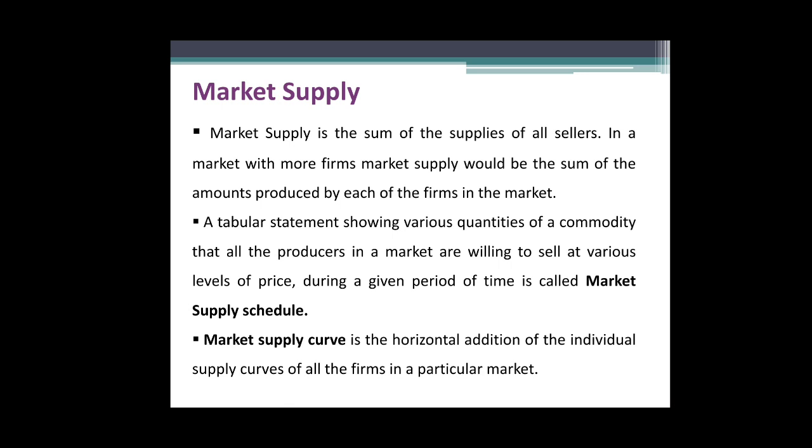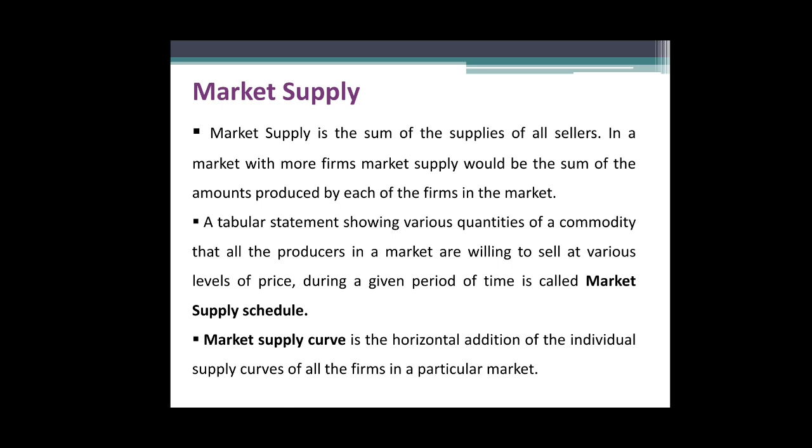For example, if there are three sellers of commodity X in a market, that is seller A, seller B, and seller C, and at a certain price, seller A is selling 10 units of commodity X, seller B is selling 20 units, and seller C is selling 30 units.